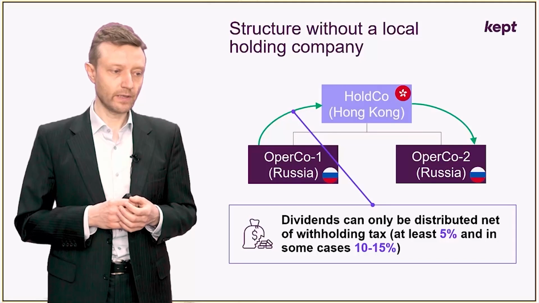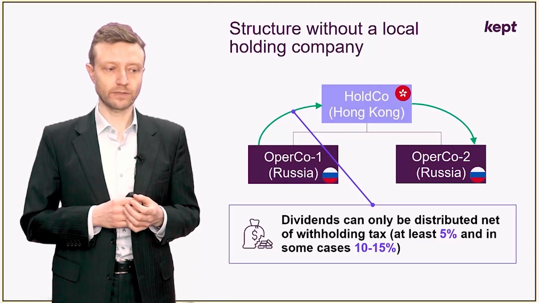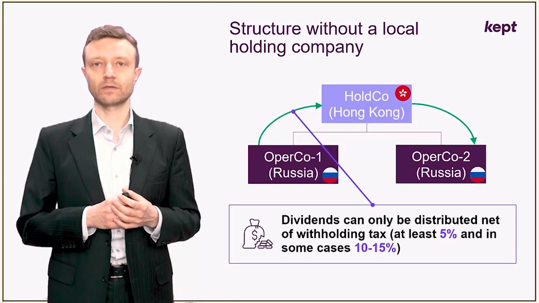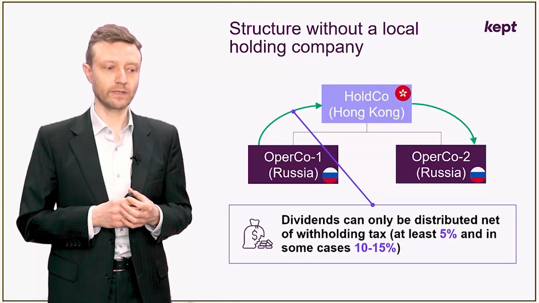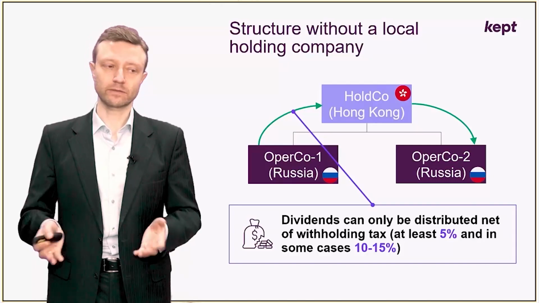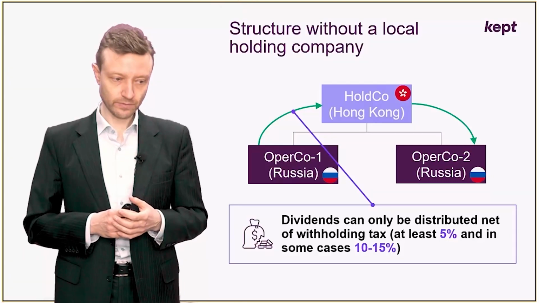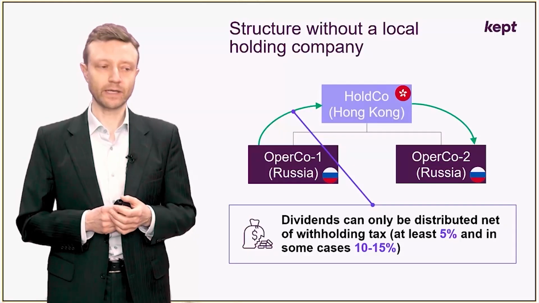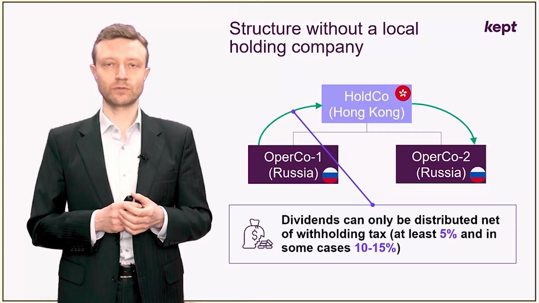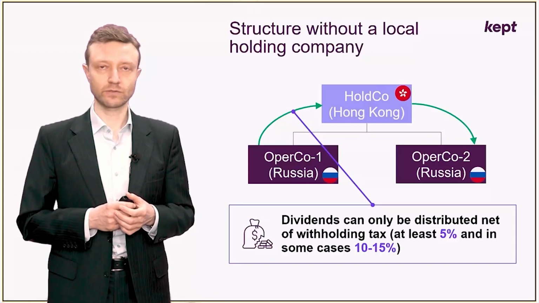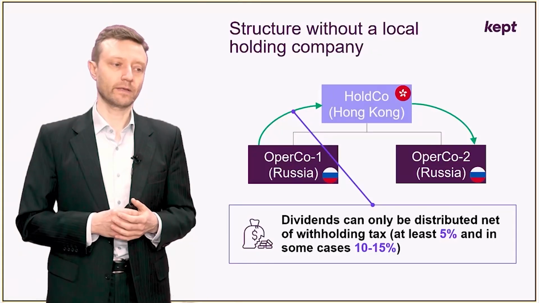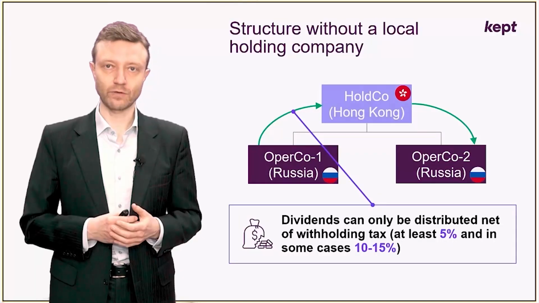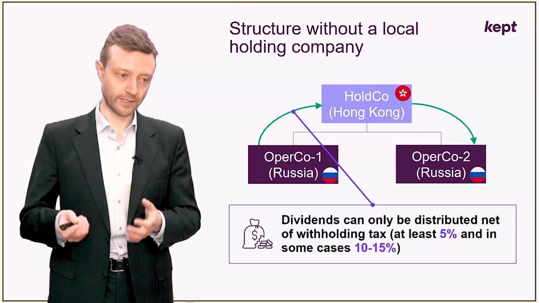In this example, well, the point is that dividends are usually taxed at source, and in Russia, dividend withholding tax is 15% based on domestic rules. It can be reduced in some cases to as low as 5%, but still, from many countries, it is not possible to distribute profits as dividends without withholding tax, without paying tax in the country from which these profits or dividends originate.